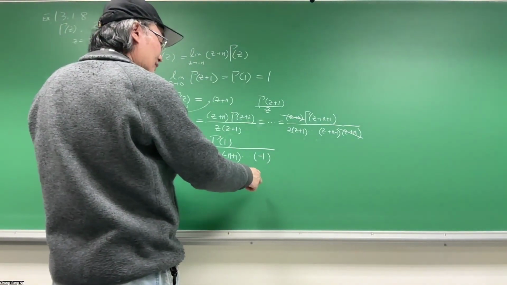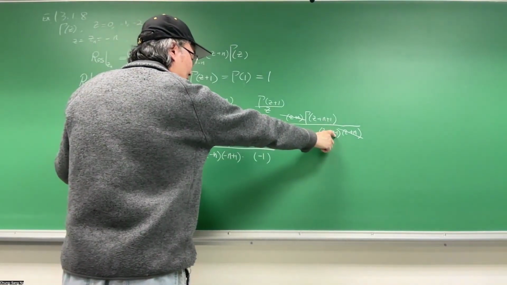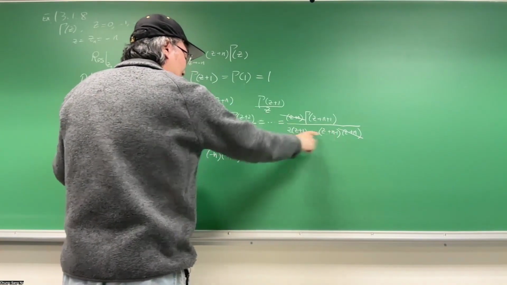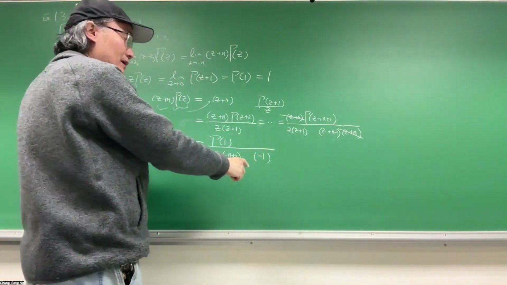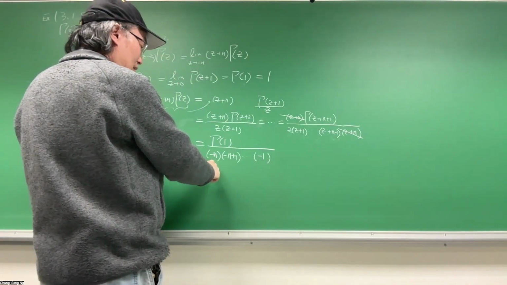How many of these? It goes from z to z plus n minus 1, that's n minus 1 factors, plus the extra z term, so totally n factors, from n down to 1.